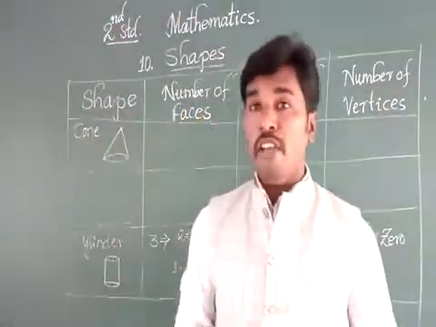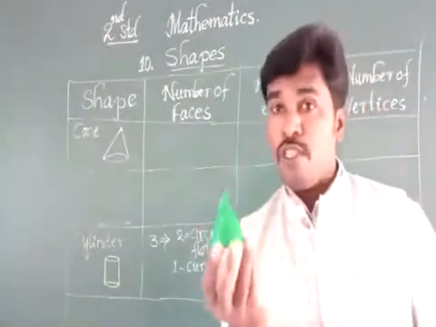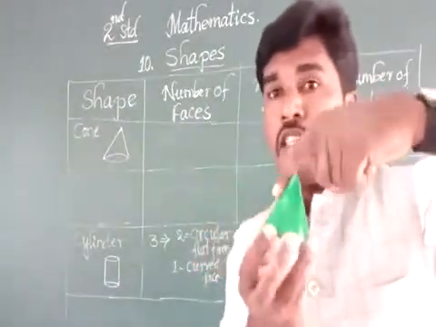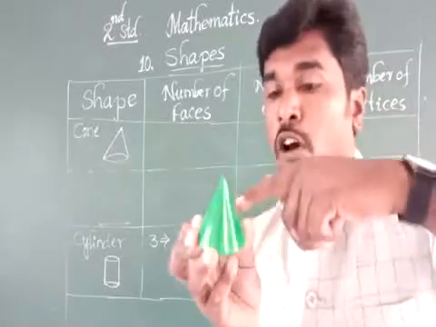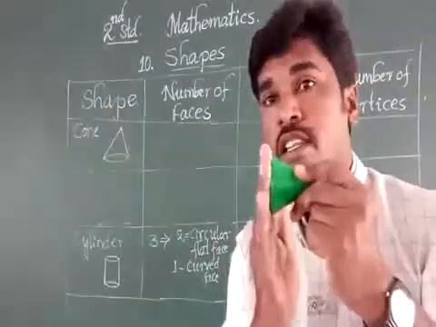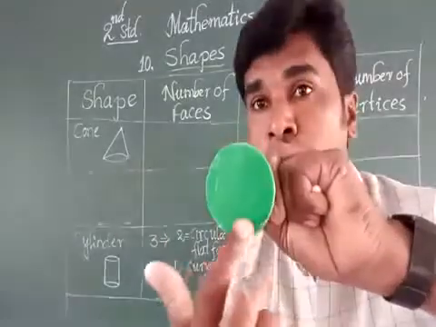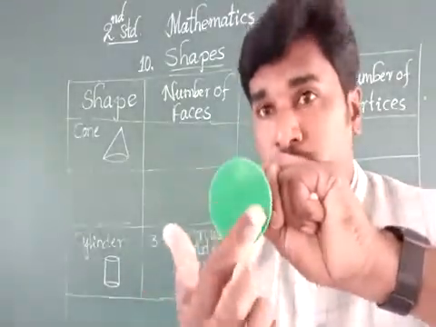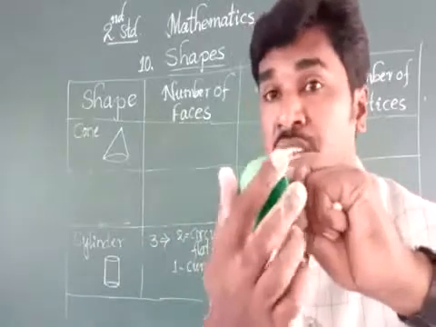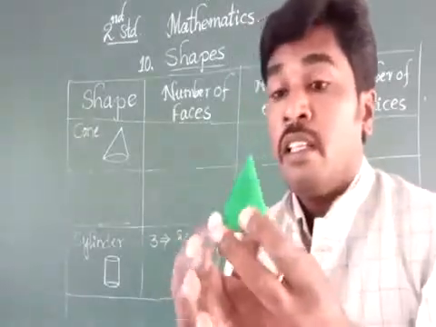So how many faces does it have? You just find it. This is one face, the top. This is the flat surface, the flat face at the bottom. The bottom is in circular shape. It has a circular flat face and one curved face.